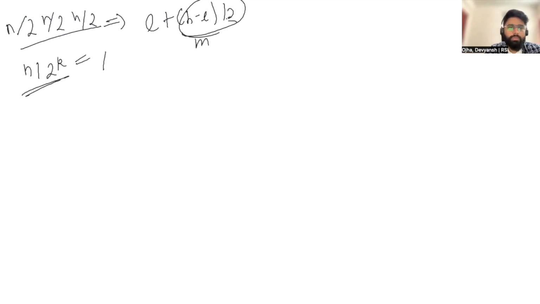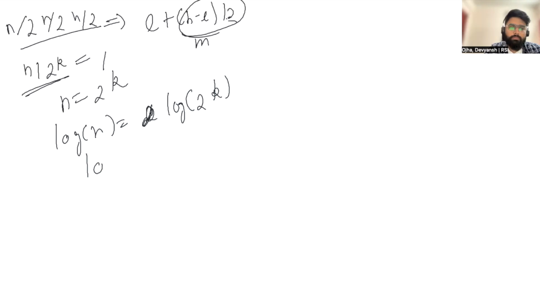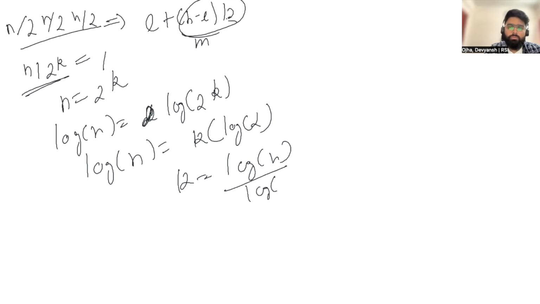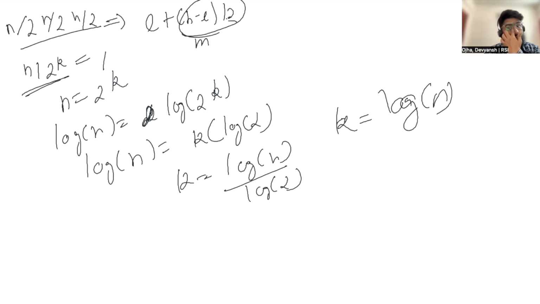Before that, we will make n equal to 2 to the power k, and then take log n equal to log of 2 to the power k, so log n equals k log 2, and k equals log n by log 2. So approximately the time complexity, that is k, will become log n, and that is the actual time complexity.